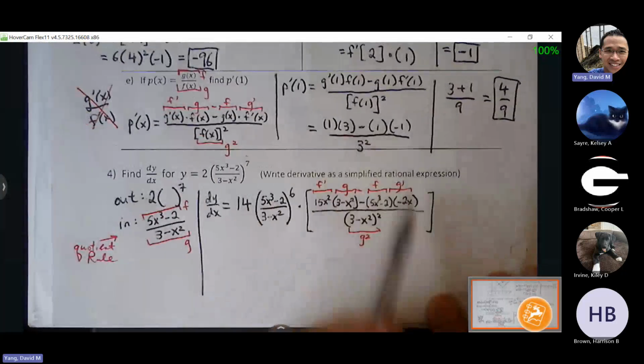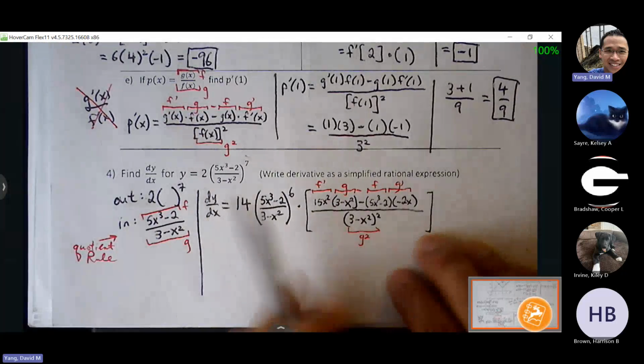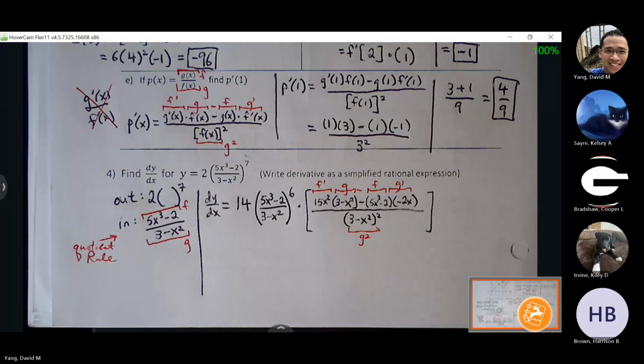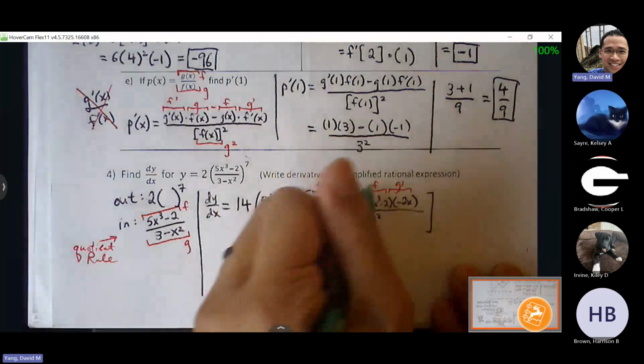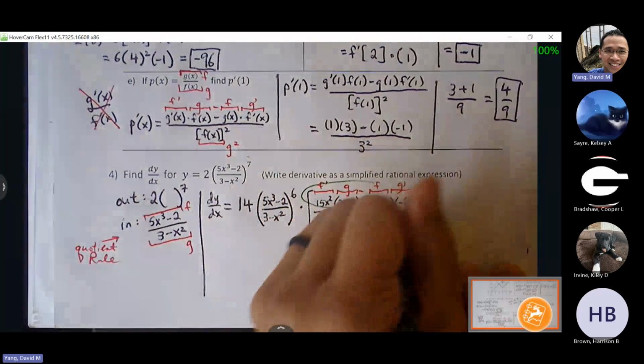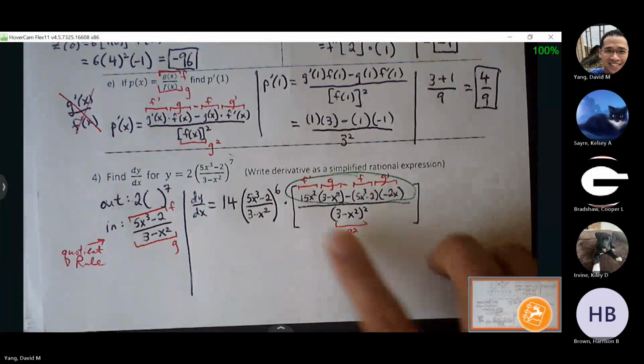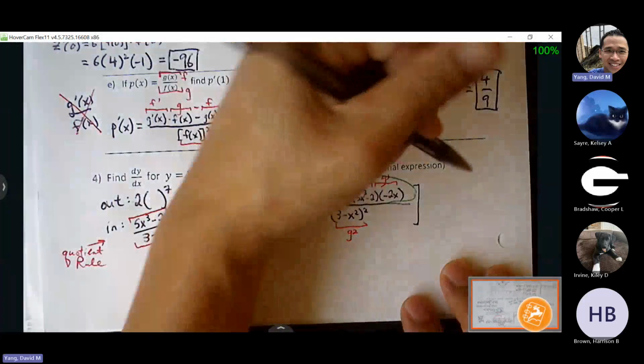Okay, so you've earned the majority of the points if you get to this point, but I am going to ask you to clean it up into one fraction. So really, the only work that's ahead of us now is just to try to clean this up. Everything else is pretty much set. So I'll distribute that through, try to clean that up there.